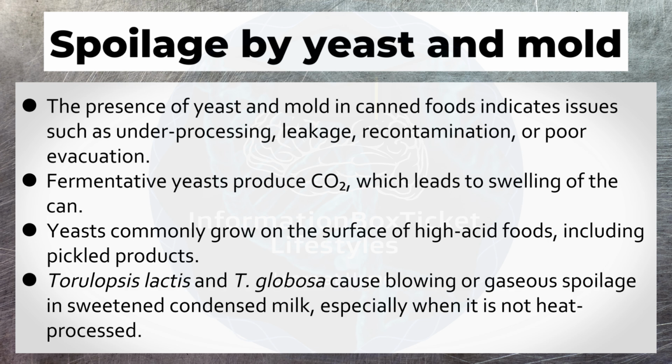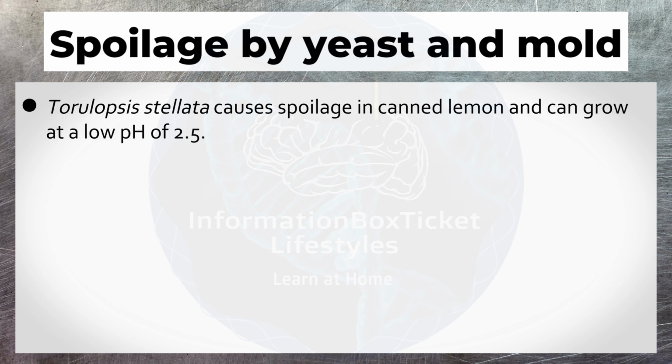Torulopsis lactis and Torulopsis globosa cause blowing or gaseous spoilage in sweetened condensed milk, especially when it is not heat processed. Torulopsis stellata causes spoilage in canned lemon and can grow at a low pH of 2.5.